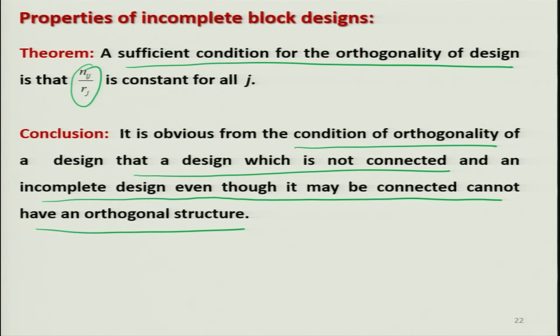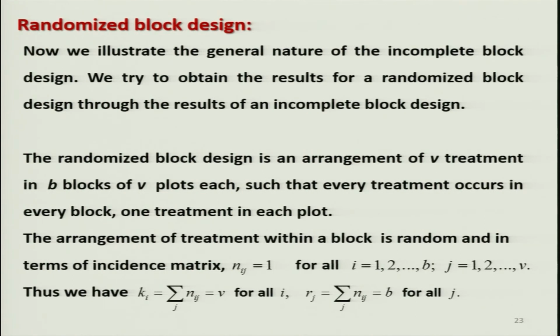So, now we are talking of randomized block design again and again. So, why not obtain the structure of randomized block design using the structure of incomplete block design? And you will see here that whatever you have obtained, in case all the conditions like orthogonality, connectedness, rank of C, etc., are satisfied, you get here the structure of randomized block design.